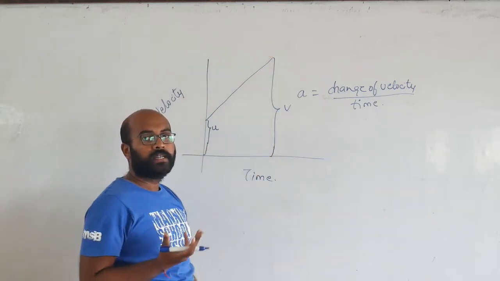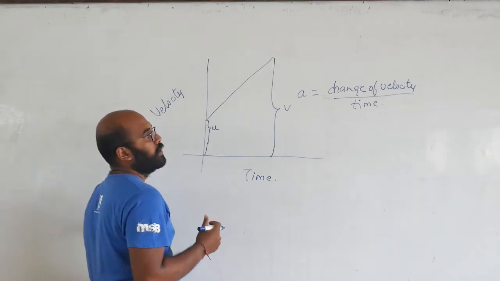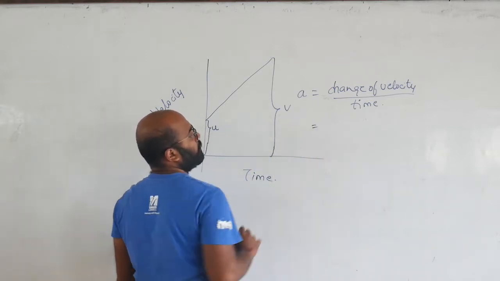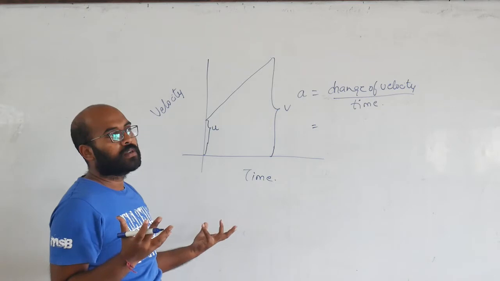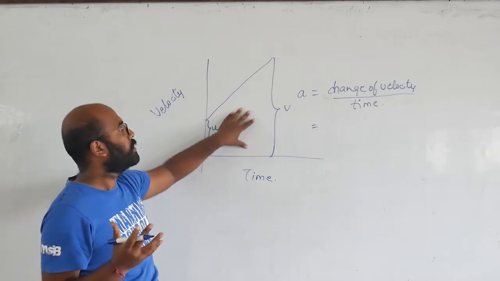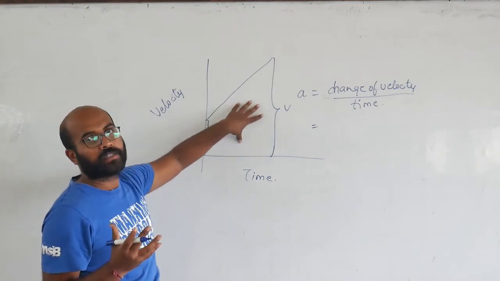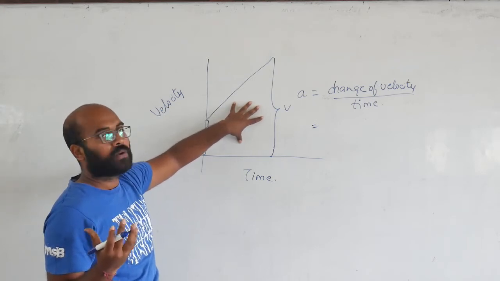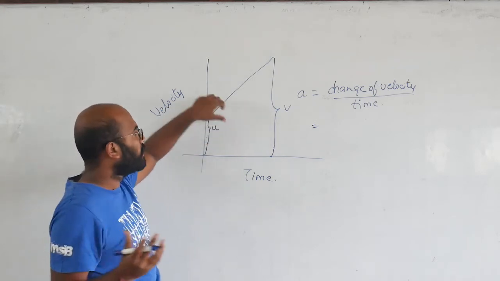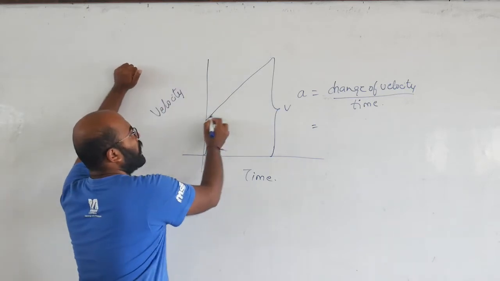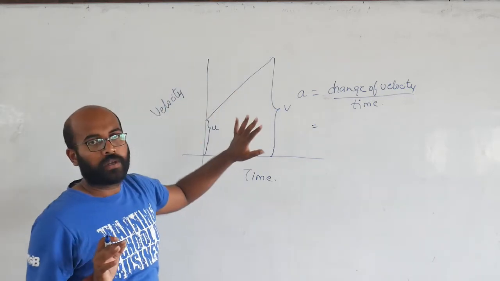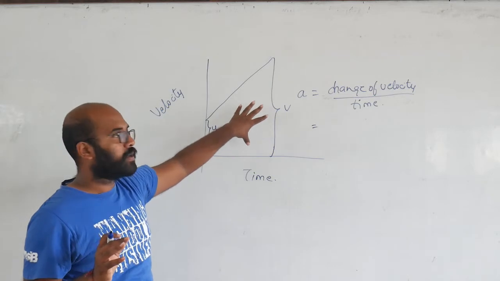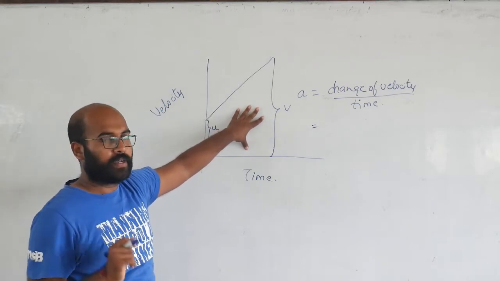Just understand the concepts, and if you understand the concepts you can easily solve any of the problems. The textbook gives O, A, B, C, D and so on, but I am trying to explain it in an easier way.